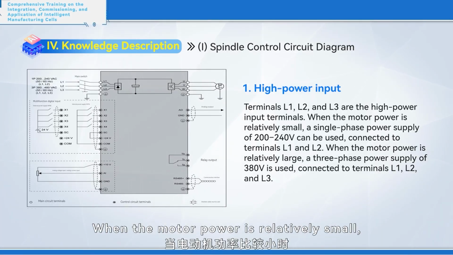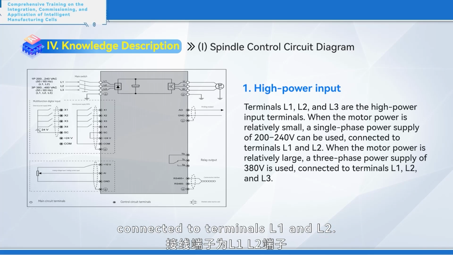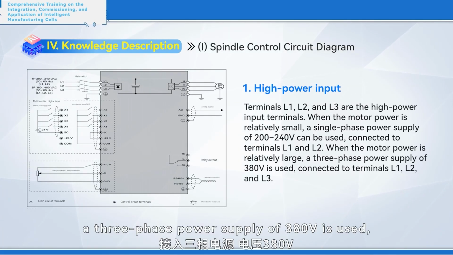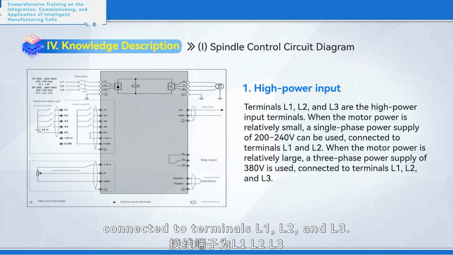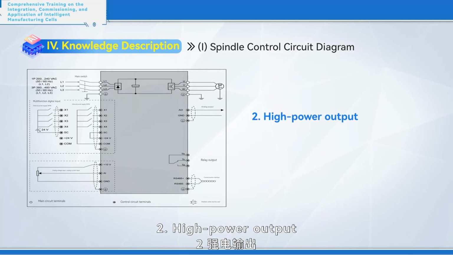When the motor power is relatively small, a single-phase power supply of 200 to 240 volts can be used, connected to terminals L1 and L2. When the motor power is relatively large, a three-phase power supply of 380 volts is used, connected to terminals L1, L2, and L3.